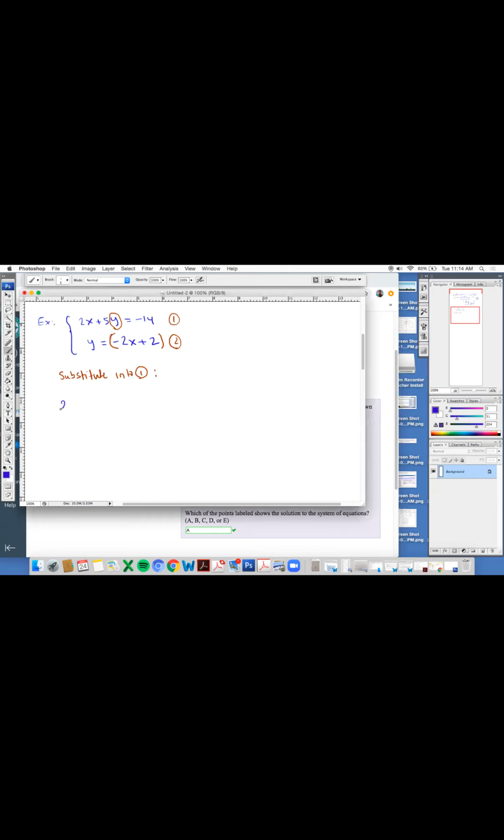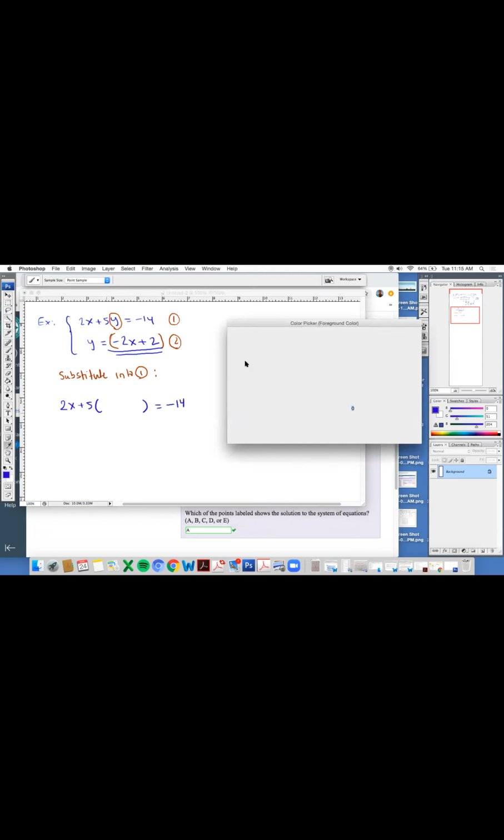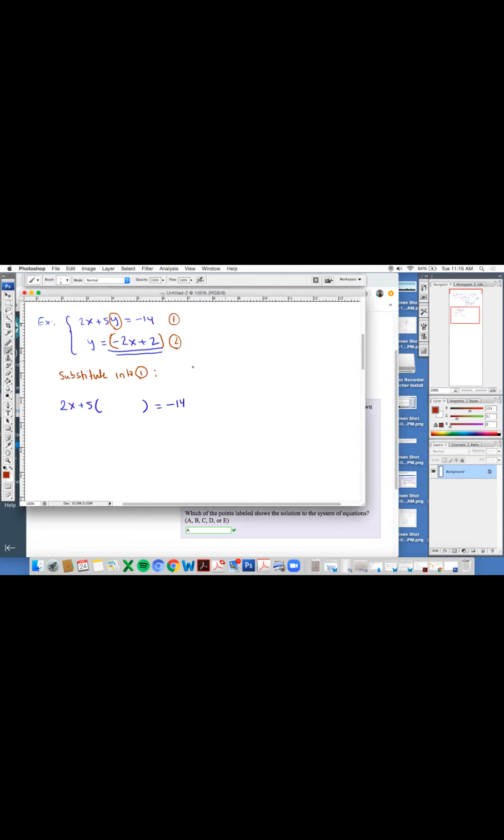So I have 2x plus 5, but instead of writing y, I'm going to write what's in that parentheses and then continue. I'm going to fill this parentheses space with what y is given by the second equation. So I'm going to write this negative 2x plus 2 in here. So you're plugging in for y, that's what it's called.